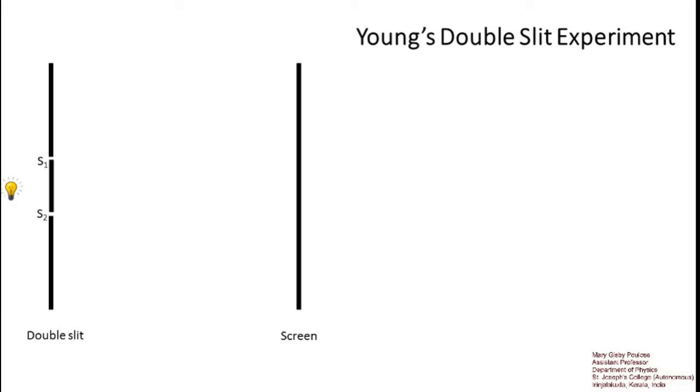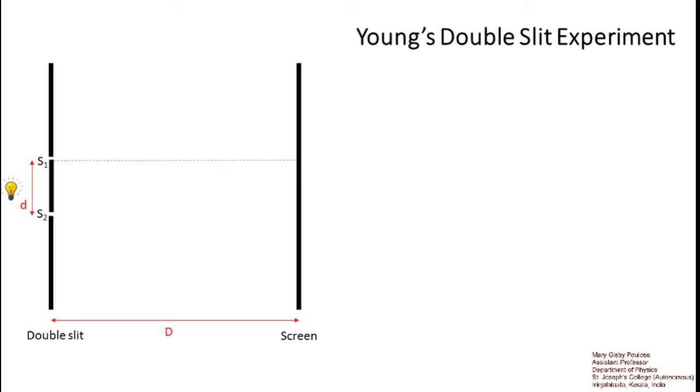Let the double slits be named S1 and S2, and they are small d apart from each other. The double slit and the screen are kept at a capital D distance, which is very much larger than small d.